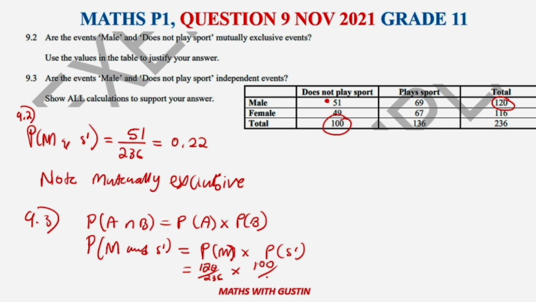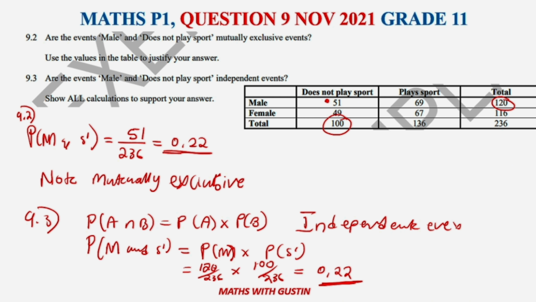It's going to be 100 divided by 236, which is going to give us 0.22. So if you take this 0.22, it is therefore equal to this 0.22 here. Therefore this is an independent event, because the left hand side is equal to the right hand side. All right, this would be an independent event, guys.